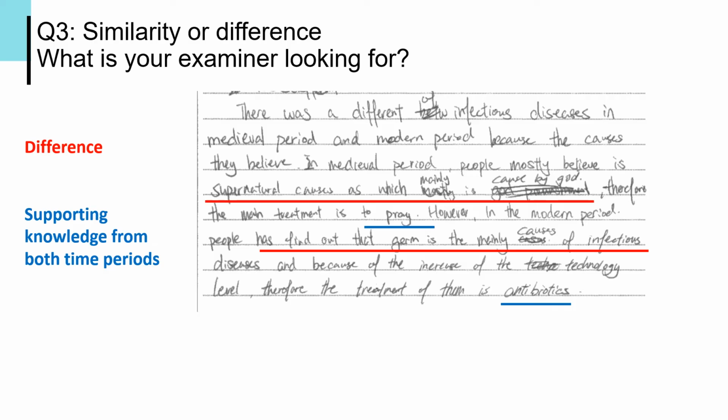And later on, comparing that to how treatments changed once germs had been discovered. And underlined in blue, we can see the supporting knowledge from both time periods, prayer and antibiotics. There is not one way of approaching an answer to this question, but try to include these two things.